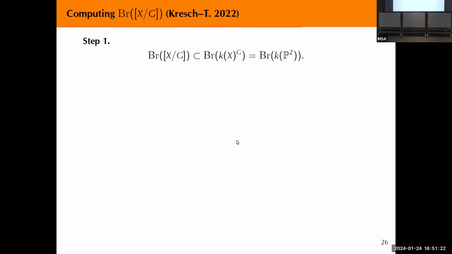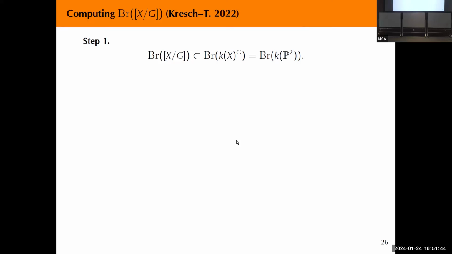And so how do we compute that Brauer group of the quotient stack here? Well, the first thing to notice is that when you restrict to the generic point of the quotient stack, that's just the field of invariants. And so the Brauer group of the quotient stack is going to be a subgroup of the Brauer group of the field of invariants.